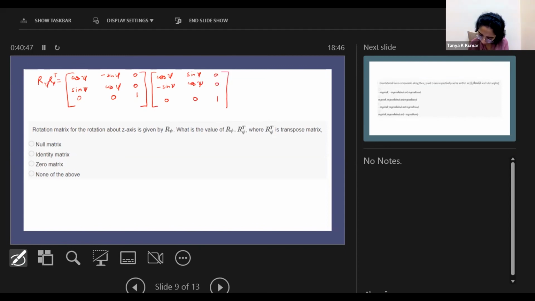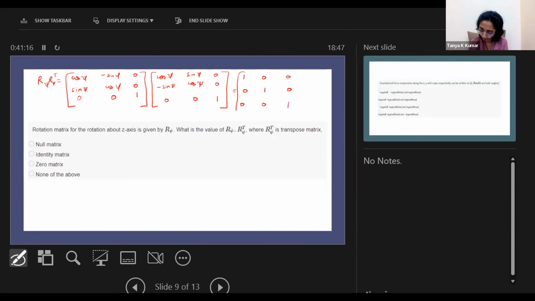When you multiply this, what do you get? You get here cos square xi plus sin square xi, right? So you get 1. Here you get minus sin xi cos xi plus cos xi sin xi, you get 0. This is 0. Here you get sin xi cos xi minus cos xi sin xi, you get 0. Here you get sin square xi plus cos square xi, you get 1. This is 0, this is 0, this is 0, and this is 1.